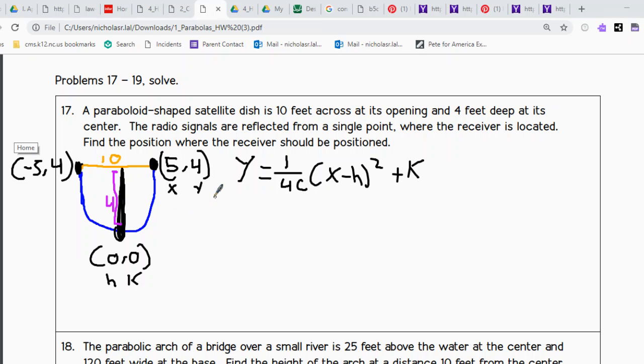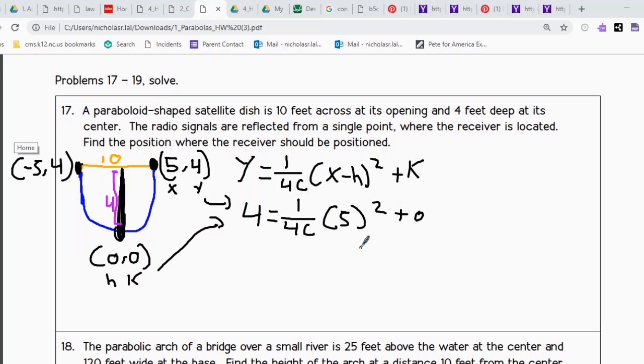So plugging in these points, we have y is 4. 4 is equal to 1 over 4c times x is 5, so 5 minus 0 squared, which is 5 squared, plus k, which is just plus 0.